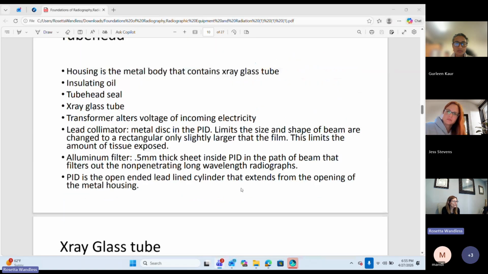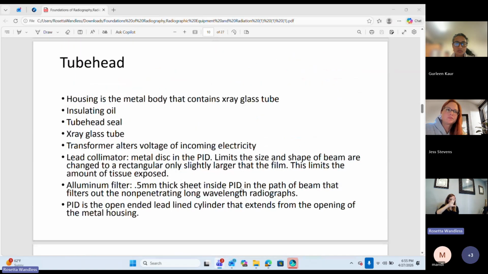Now, these are the main parts of the tube head. The housing, which could be either a metal body or aluminum, doesn't matter. The insulating oil, your tube head seal, which is essentially lead lined, right? We have the X-ray glass tube where all the magic happens.